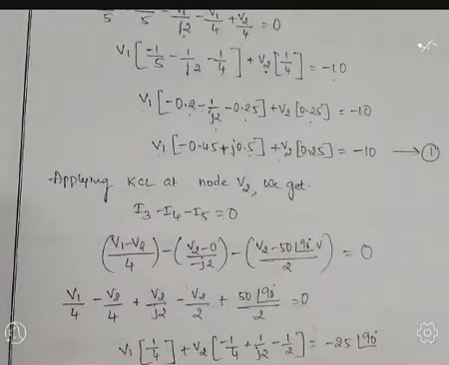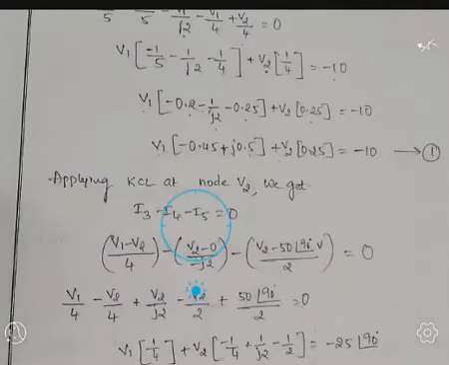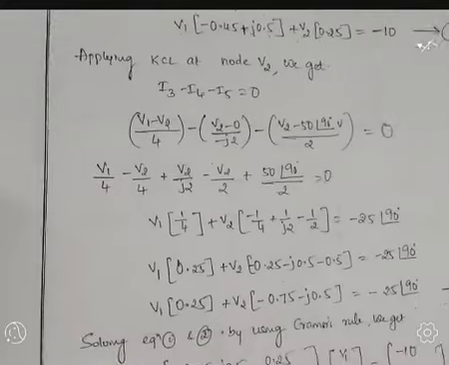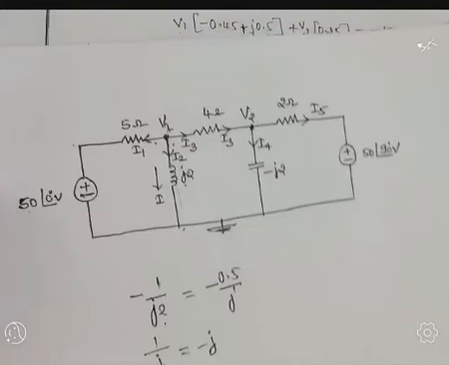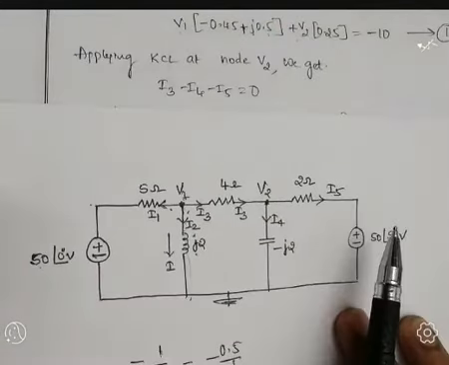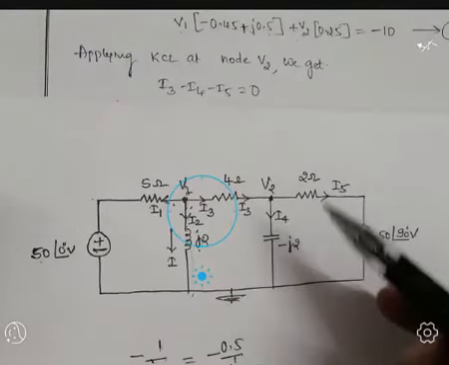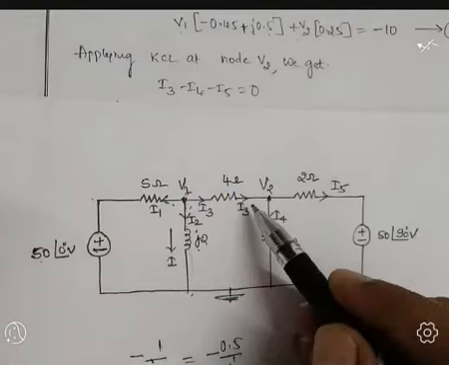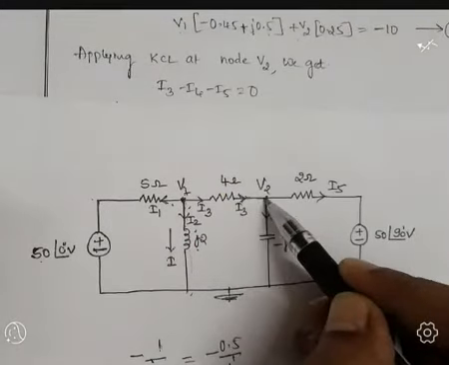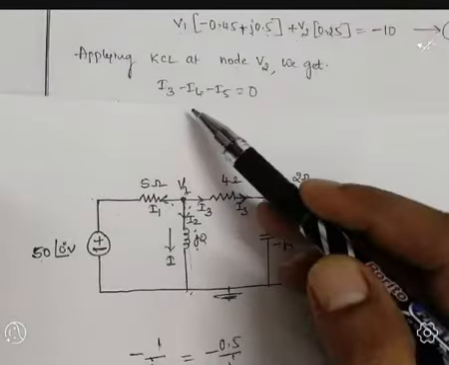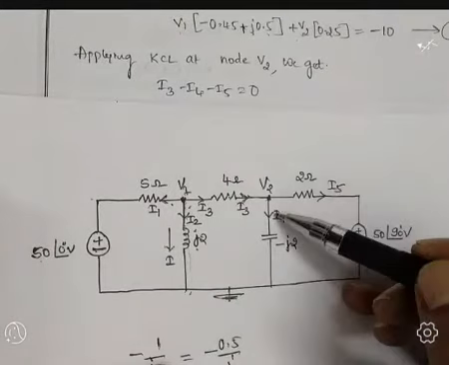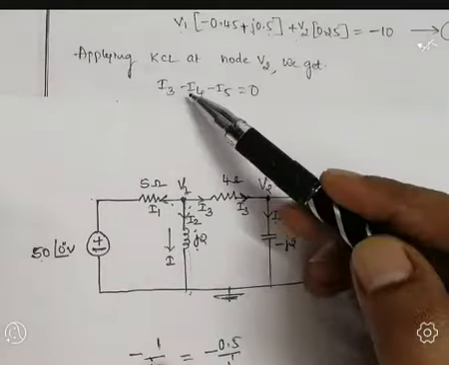Next, similarly apply the KCL for the second node V2. For the second node, the current I3 is moving towards it, so I take plus I3, and current I4 is moving away, so it is minus I4.